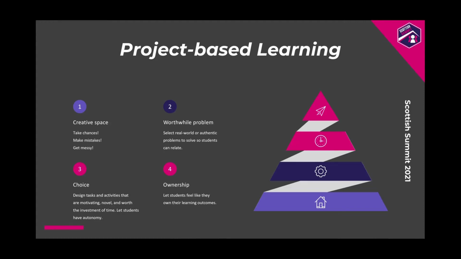Space for taking risks, where your students will feel they can take chances, make mistakes, and get messy, right? Just like Ms. Frizzle said. Now, without that, they really can't move on with a project. You can assign whatever project that you want, but if they don't feel they can take a risk, they're not going to go very far.